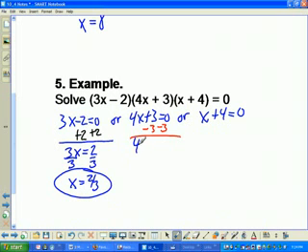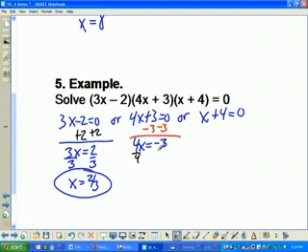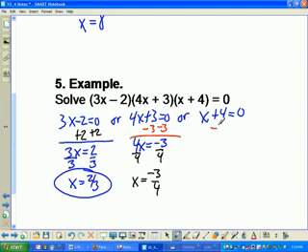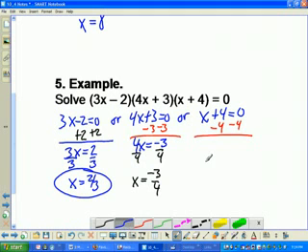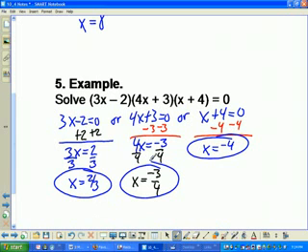So then I'll get 4x equals -3. Divide both sides by 4. X equals -3/4. Finally, go to the last term. I'm going to subtract 4 from both sides. And x equals -4. 3 answers.